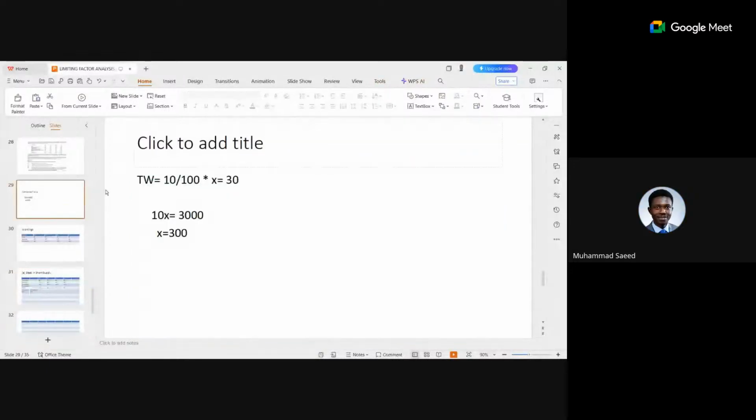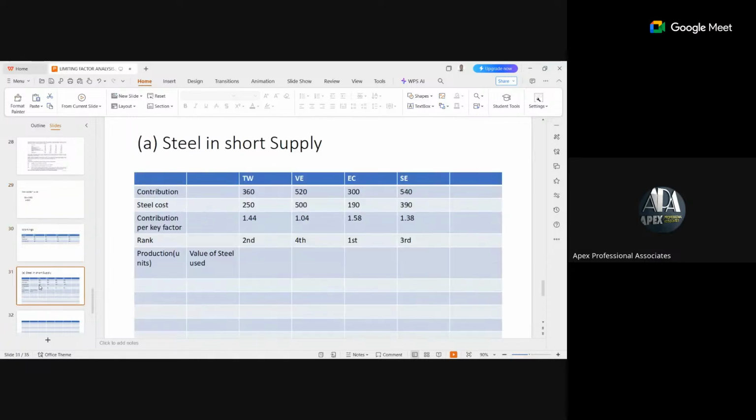It's 300, not 3,000. In your book, write 10 over 100 multiplied by X equal to 30. Then you cross multiply. When you say 100 times 30 is 3,000, divide both sides by 10 to get the value of X. You have 300. You know, I'm not a mathematics teacher.